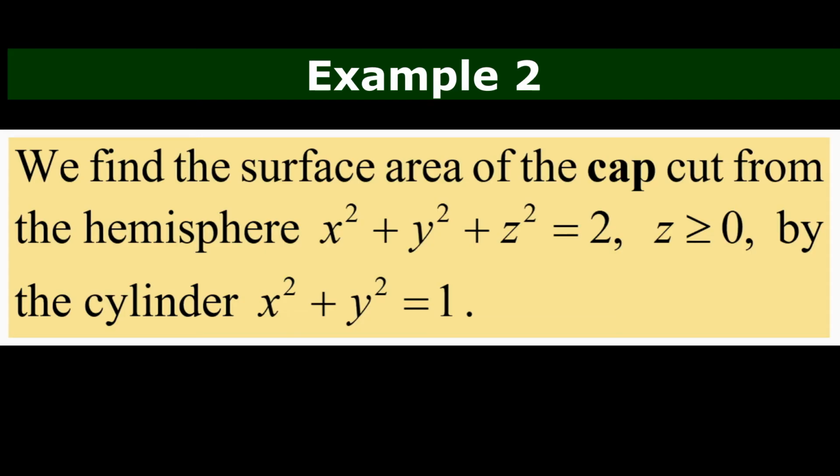As another example, we find the surface area of the cap cut from the hemisphere x square plus y square plus z square is equal to 2, z greater than or equal to 0, by the cylinder x square plus y square is equal to 1.